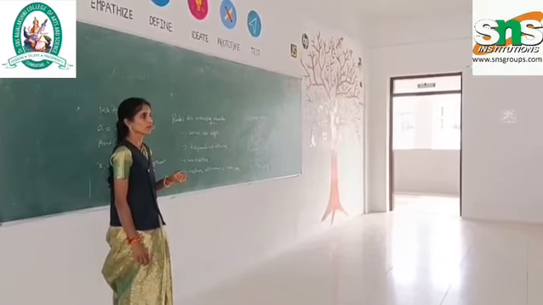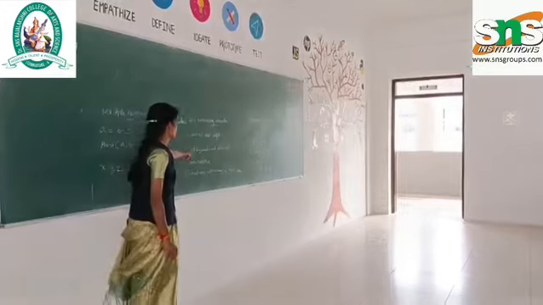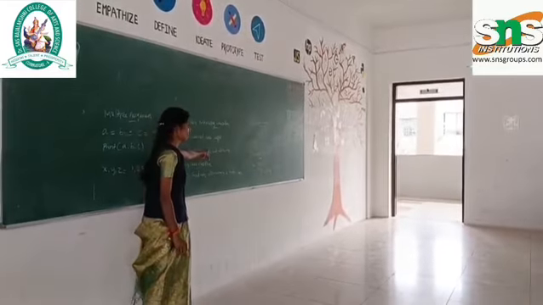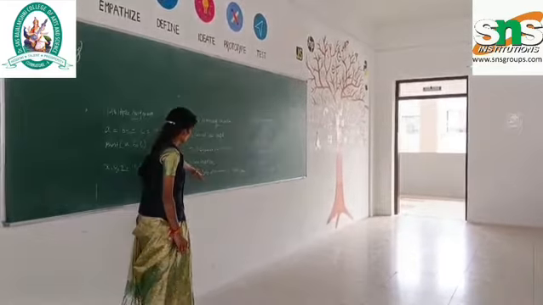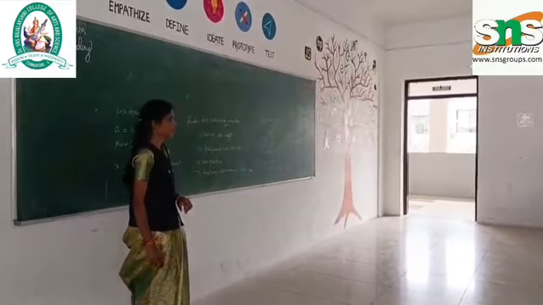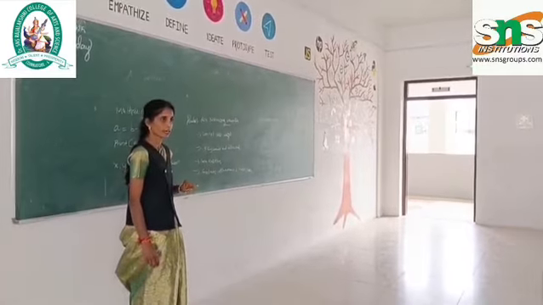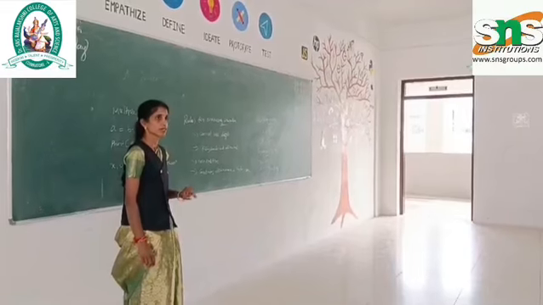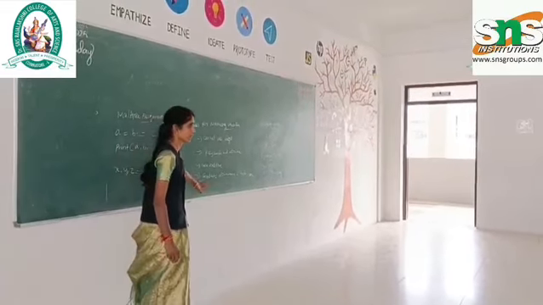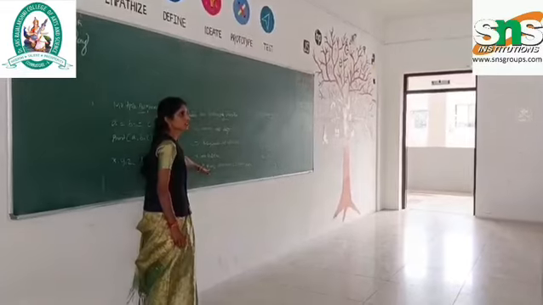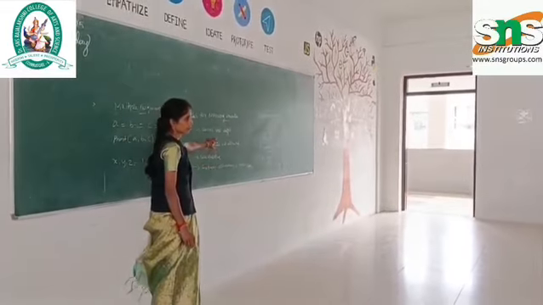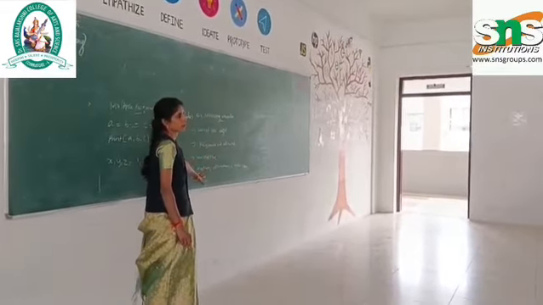So we cannot use keywords like if, else, elif. And then the variable should be alphanumeric, or else we can use underscore symbols in front of the variable. These are the rules followed for naming a variable in Python programming.